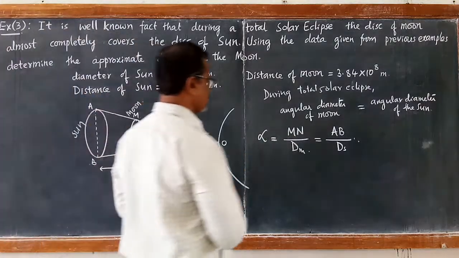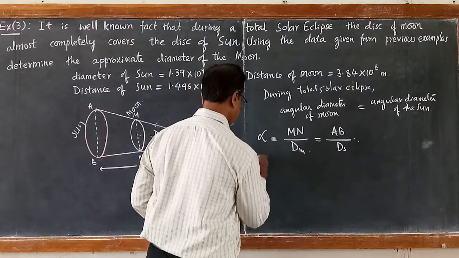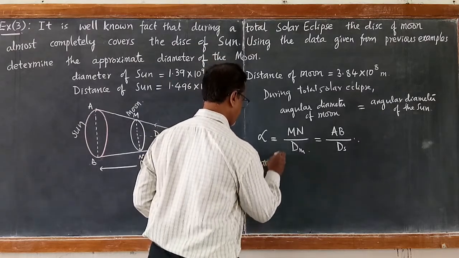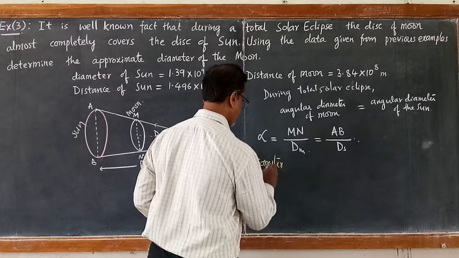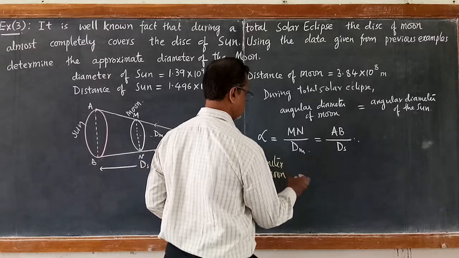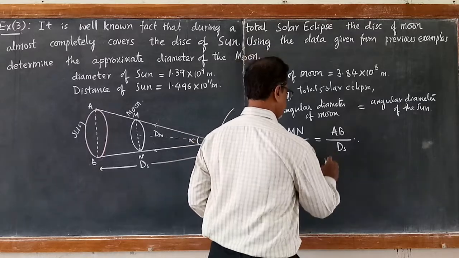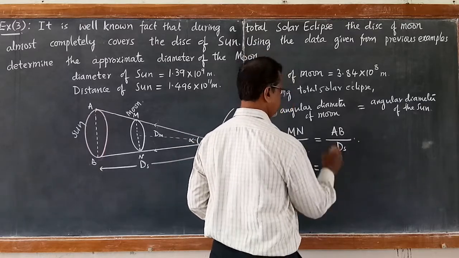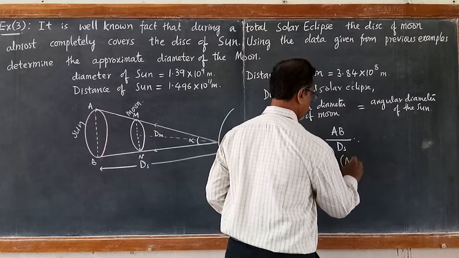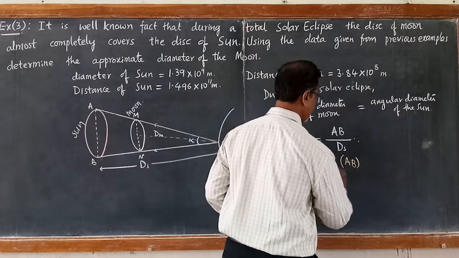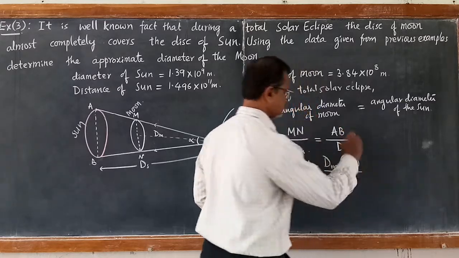Therefore, diameter of the moon, MN, becomes equal to dm into diameter of sun AB divided by ds.